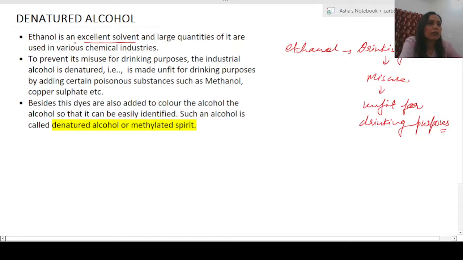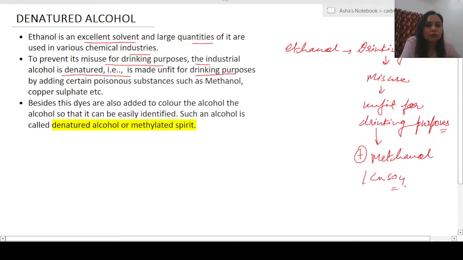So here you are seeing that ethanol is one of the excellent solvents, and a large quantity of it is used in the chemical industries. To prevent the misuse for drinking purposes, the industrial alcohol is denatured, that is, it is made unfit for drinking. How is it made unfit? Sometimes we add methanol to it. Methanol is a very dangerous kind of alcohol. Or you can also add copper sulfate.